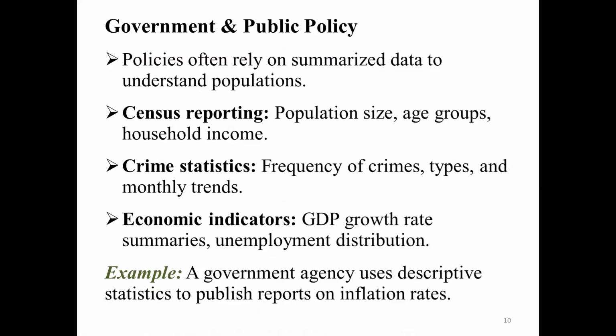Now, in government and public policy making, we know that policies often rely on summarized data to understand populations. For instance, in census reporting, the population size, the age groups, household incomes, and any other information that will help governments to make adequate policy can be extracted from a large volume of data collected.